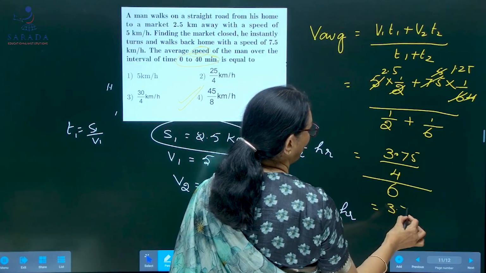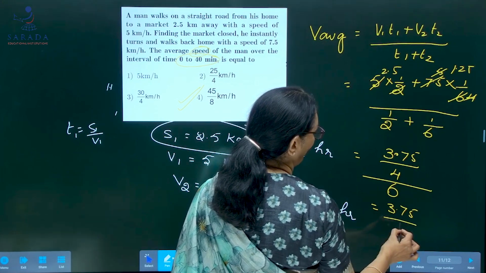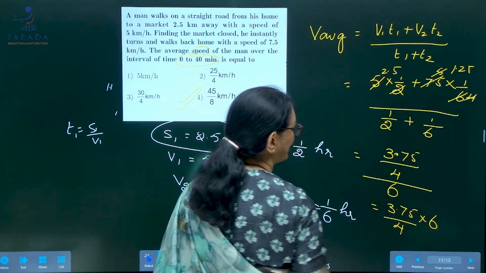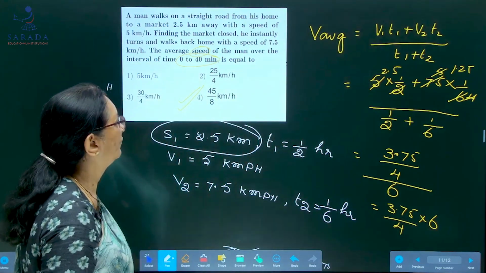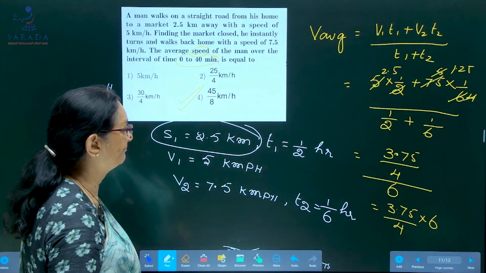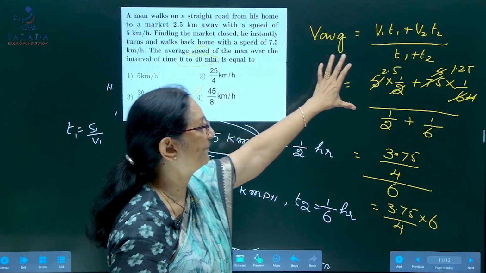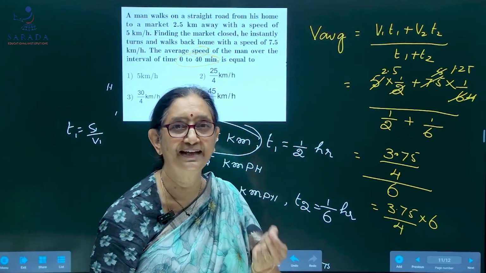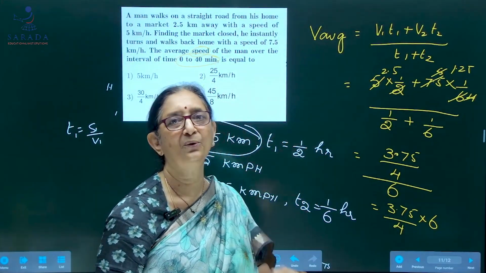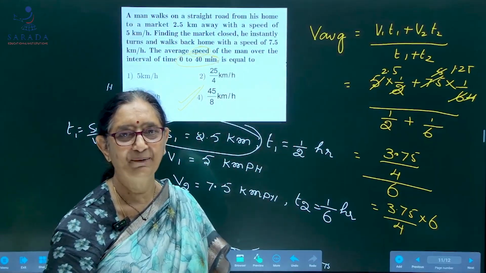So again 3.75 by 4 into 6. On simplification, we got it as 45 by 8 km/h. If you can apply this shortcut, you can save some time. Otherwise, you have to go for the previous method.